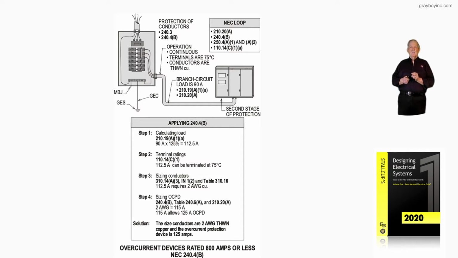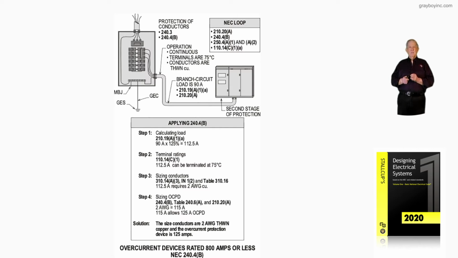Now, step 1, the load is a 90 amp, as you see in the illustration. So we will take 125% of 90 amp in accordance with 210.19(A)(1)(a). 125% of 90, though, is 112.5 amp.